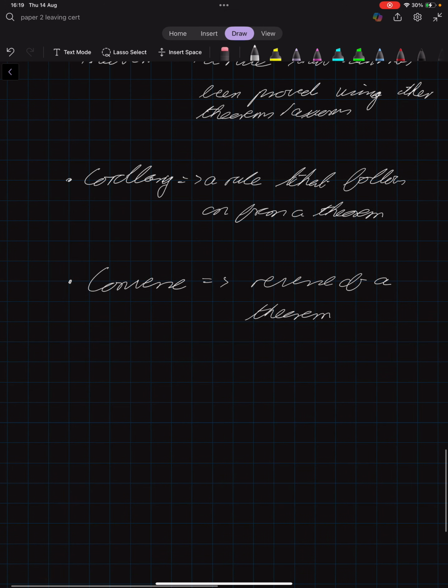So it's like saying a square is a rectangle. That's, say, a theorem. And then the converse of that theorem would be that a rectangle is a square. So you just basically swap the two things, okay? And that's kind of it, all right?